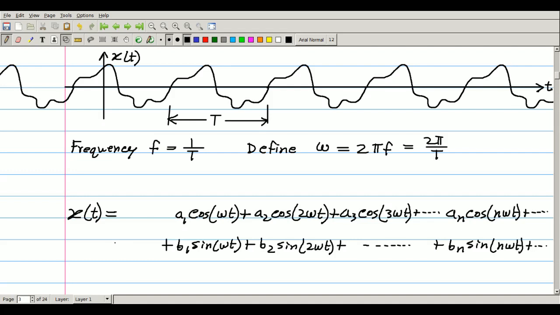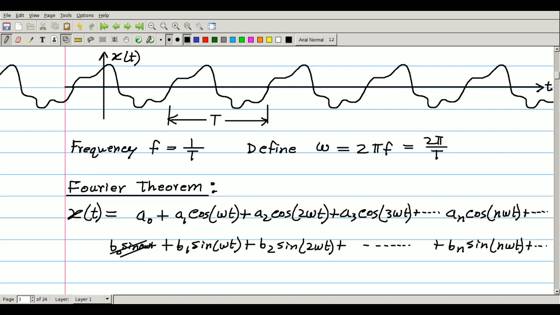You may also add a term like b0 sine 0 omega t, but sine 0 is 0, so forget that. And also you can add a0 cosine 0 omega t, but cosine 0 is 1, so let me just write a0.